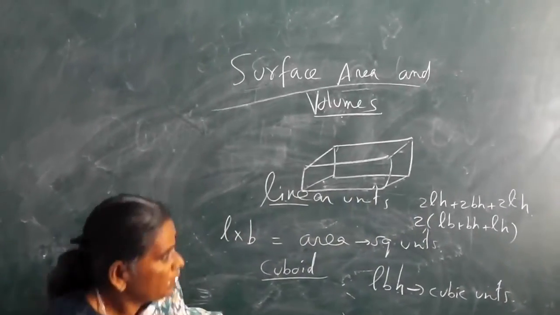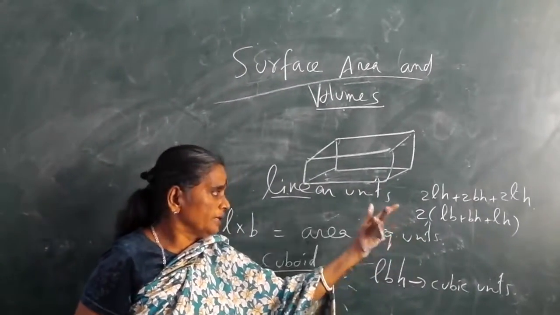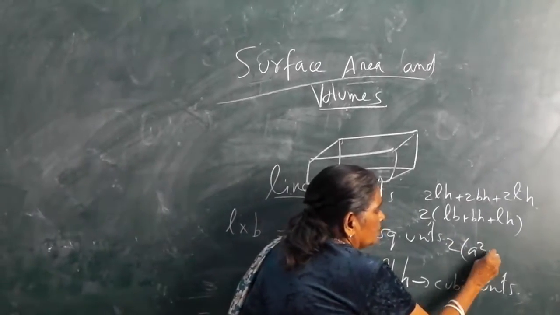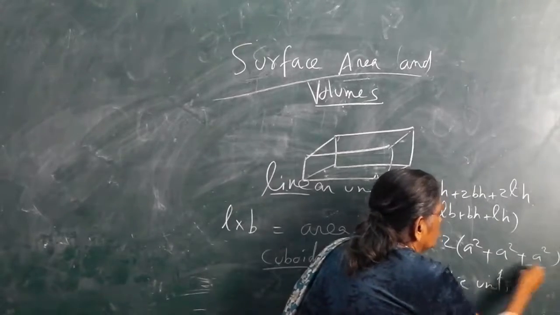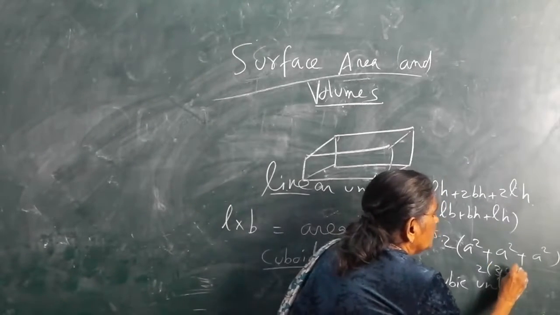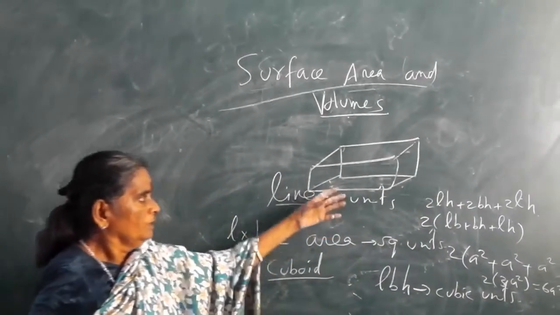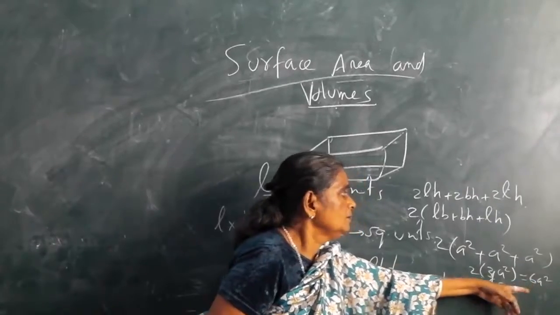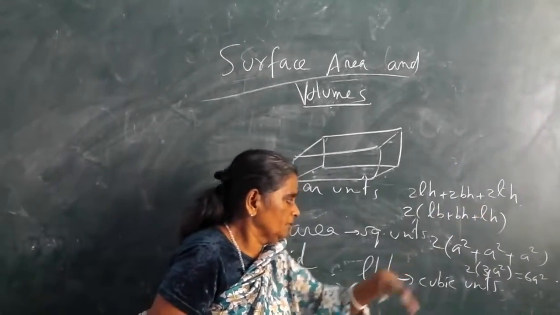Now, if it is a cube, L will be equal to B, B will be equal to H. So LB will become A square, BH will become A square, LH will become A square. This will be 2 into 3A square, which is 6A square. So for a cube, surface area will be 6A square. For a cuboid, twice of LB plus BH plus LH.